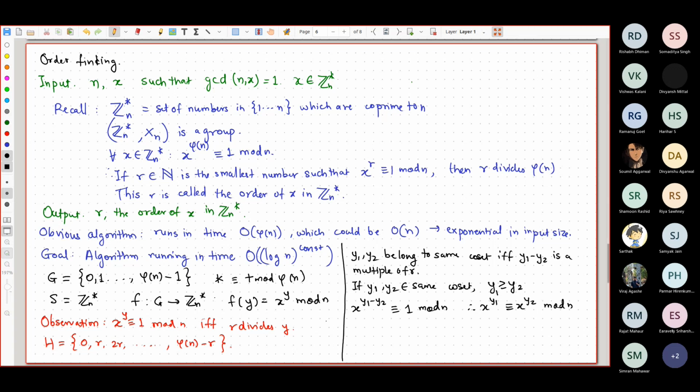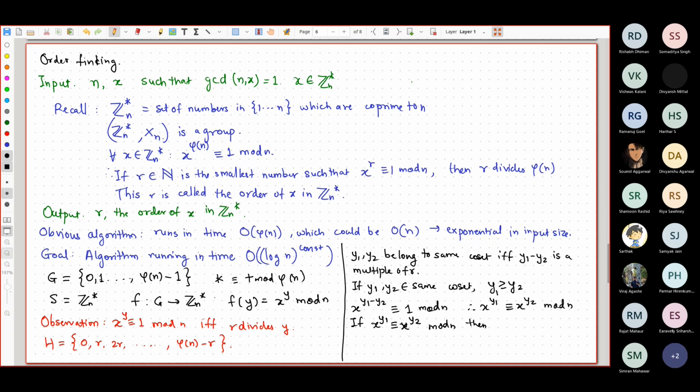And what about the converse? Conversely, if x to the y1 is equal to x to the y2, you'll have x to the y1 minus y2 congruent to 1 mod n. When you said that, you are using some critical property: x has an inverse in the group Zn star.